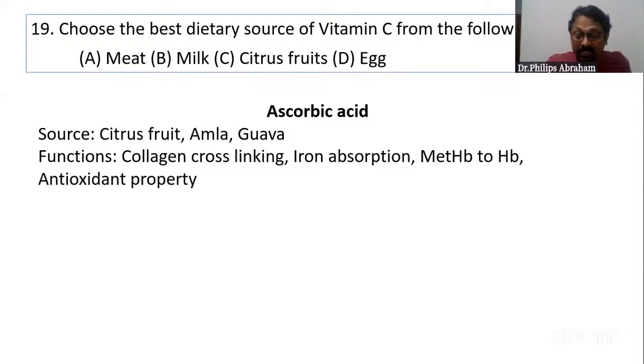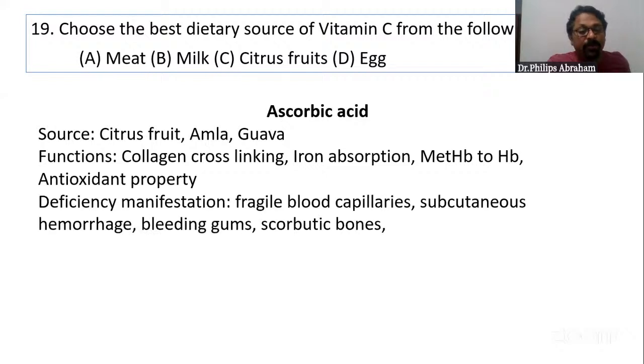Please note, we said earlier NADPH, now vitamin C, and the third is glutathione. So the 3 compounds are NADPH, vitamin C or ascorbic acid, and glutathione. That's an antioxidant property.